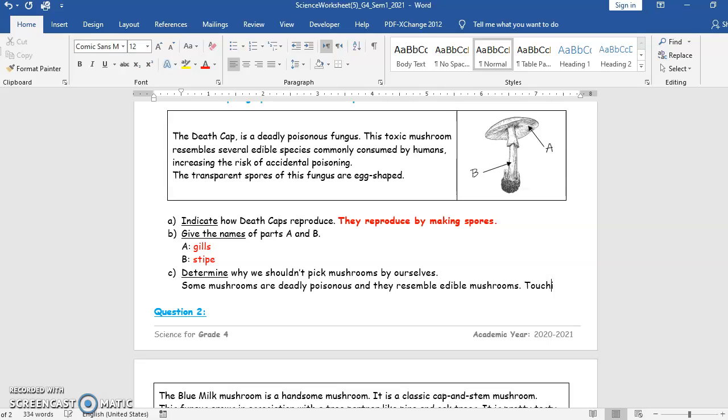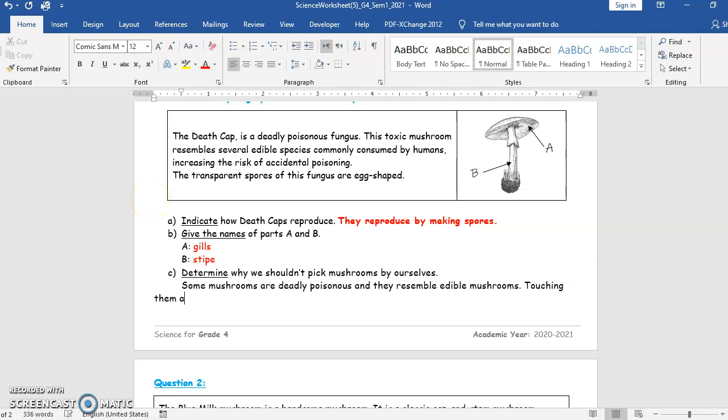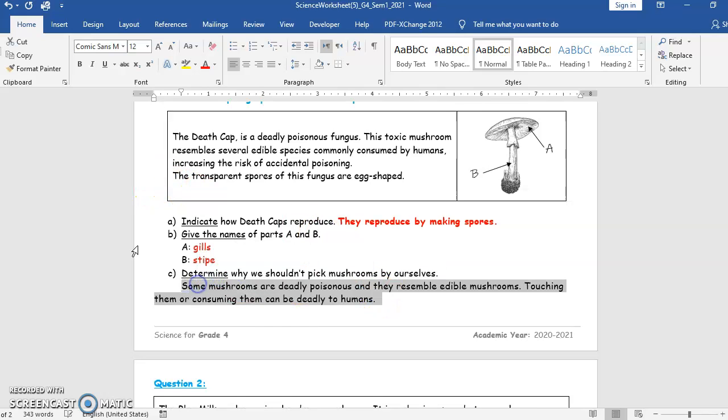Touching them or consuming them can be deadly to humans. So death caps look like edible mushrooms, but they are deadly, they are poisonous. For this reason it's dangerous to pick them by ourselves.